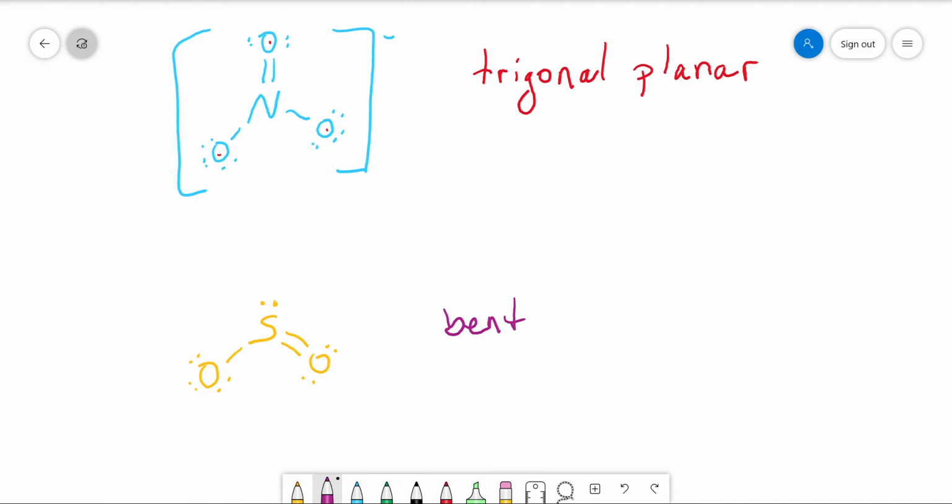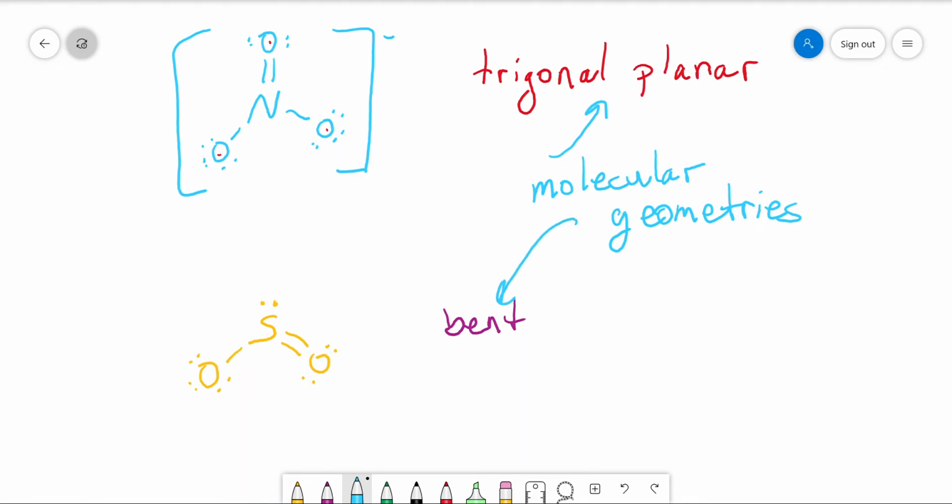Now those are both molecular geometries. So let me indicate that here. Those are both what we call the molecular geometries. Okay, that's the geometry of the molecule.